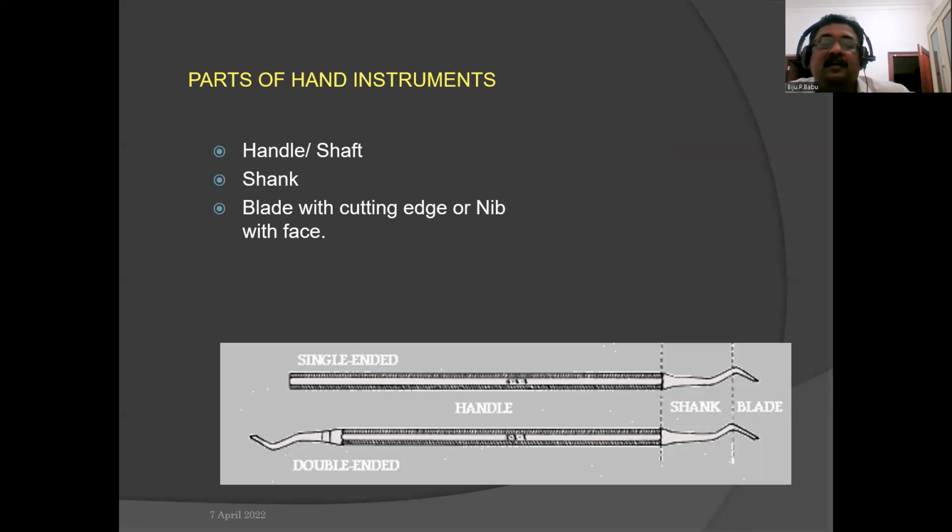With a single-ended instrument, the safety of use is more, so that the opposite end doesn't hurt the operator because the other end is blunt. But nowadays most instruments have double ends, so the number of instrument exchanges is less, and fewer instruments are present in your armamentarium.